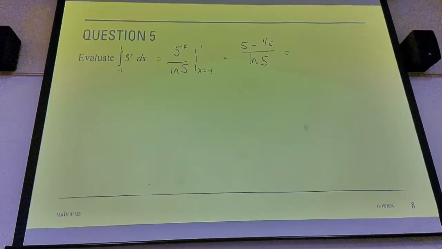24 times the natural log of 5 over 5. 24 over 5 times the natural log of 5. Should be 24 over 5 natural log of 5. That can still technically be simplified.